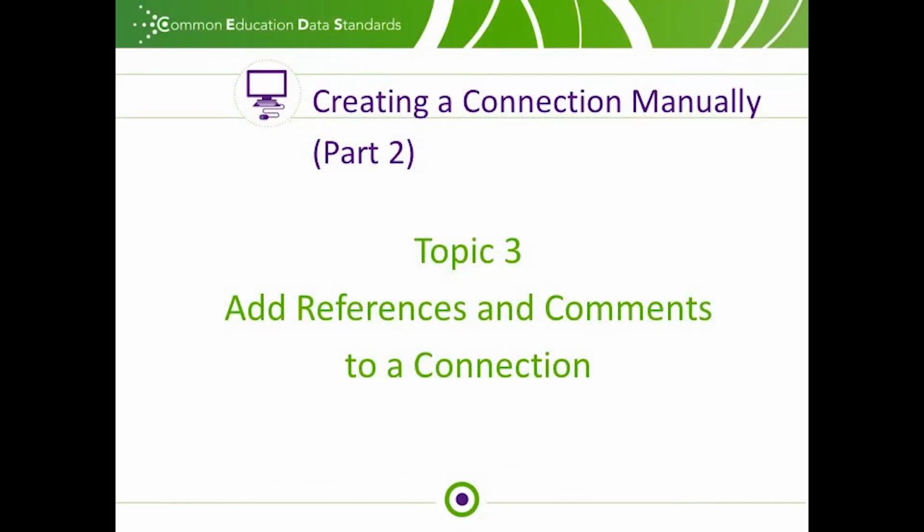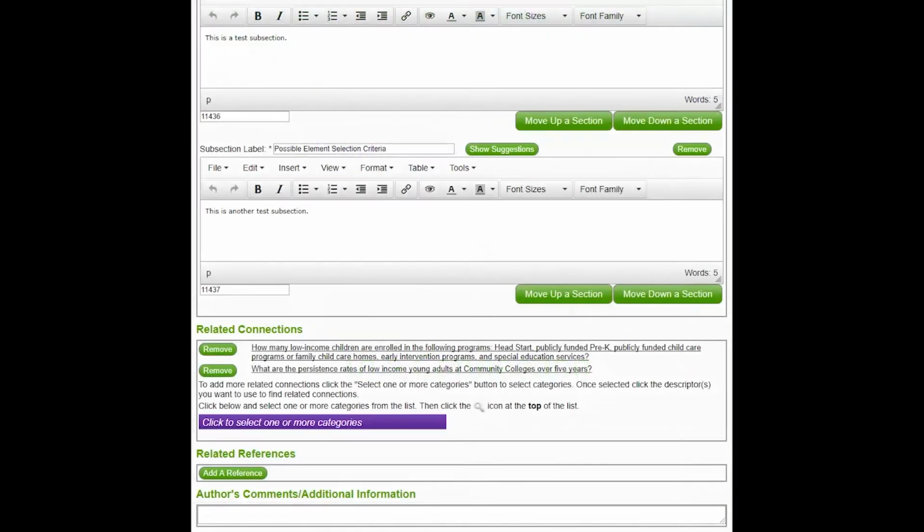Add references and comments to a connection. Topic 4. We will now discuss how to add references and comments to a connection. In the Related References area, you can add links to supporting documentation or source material for your connection. For example, you might add a link to a published report or business rules document that is directly relevant to your connection.